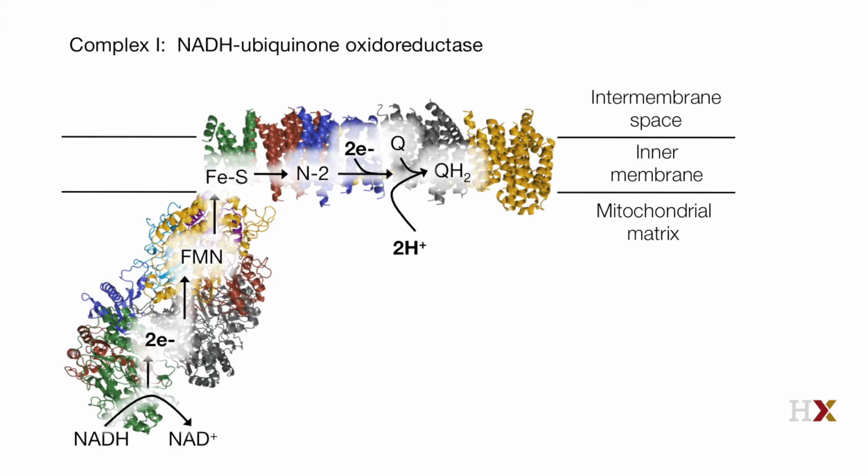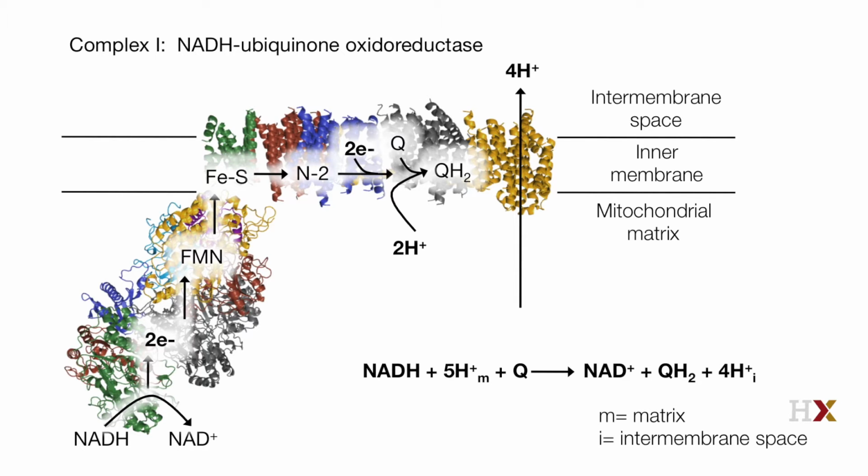The transfer of electrons through complex 1 is also coupled with the extraction of 4 additional protons from the mitochondrial matrix that are moved into the intermembrane space.